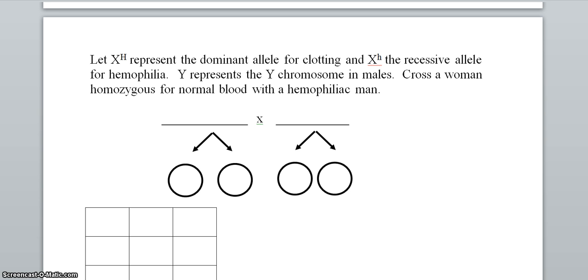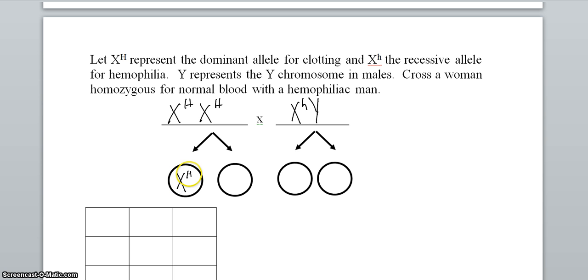So in this case, it says cross a woman who is homozygous for normal blood clotting. So homozygous meaning the same. She's X big H X big H, with a man that has hemophilia. So he's going to be X little h Y. And notice I didn't put the superscript for the Y chromosome because the Y chromosome does not carry the allele for that blood clotting.